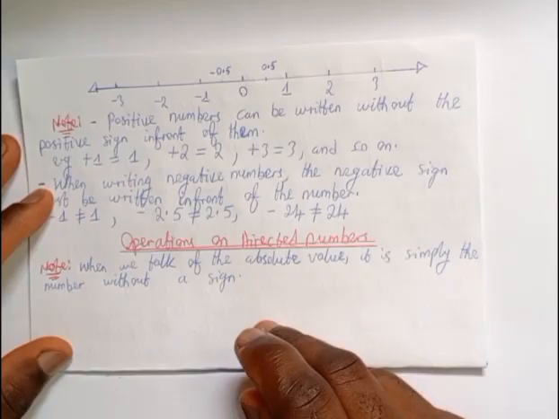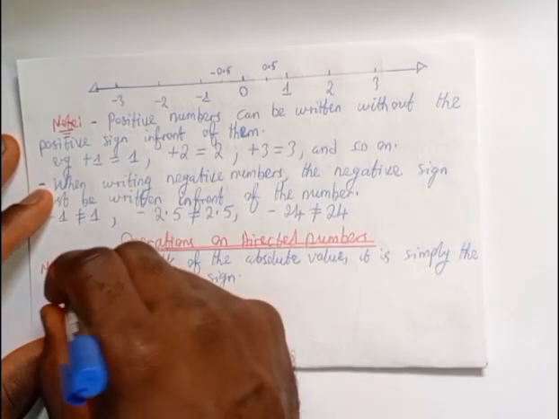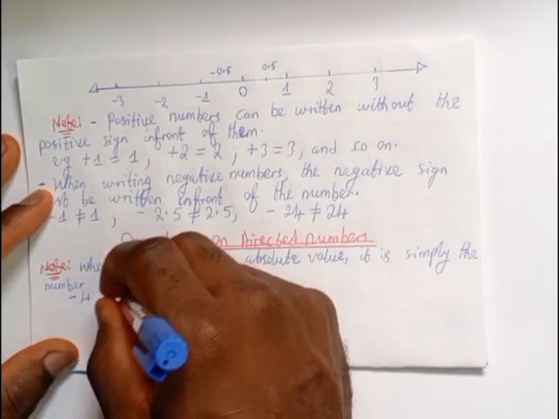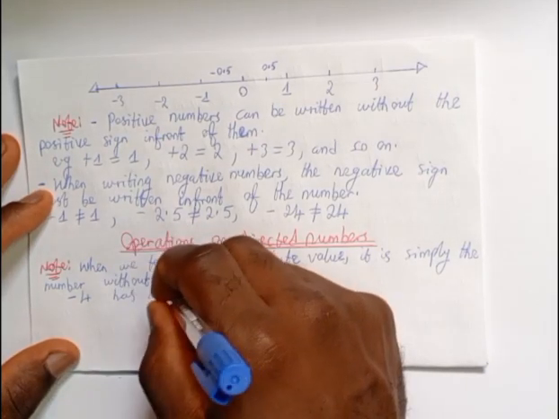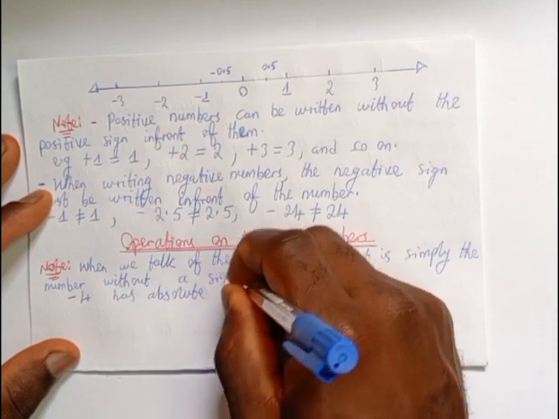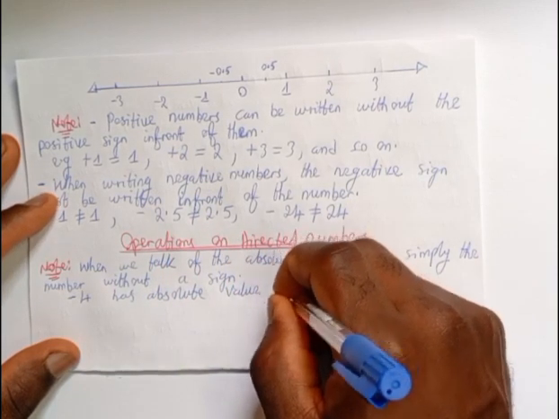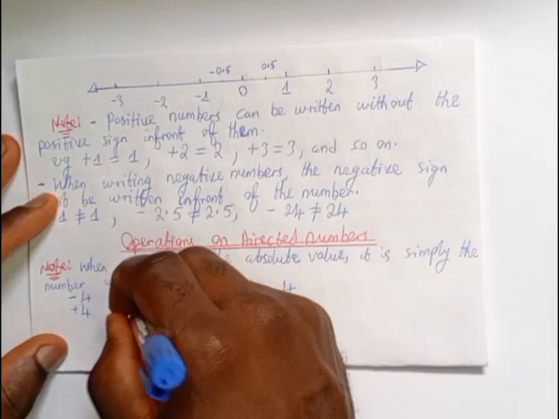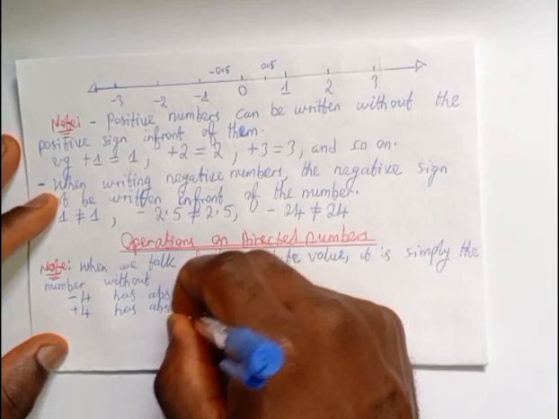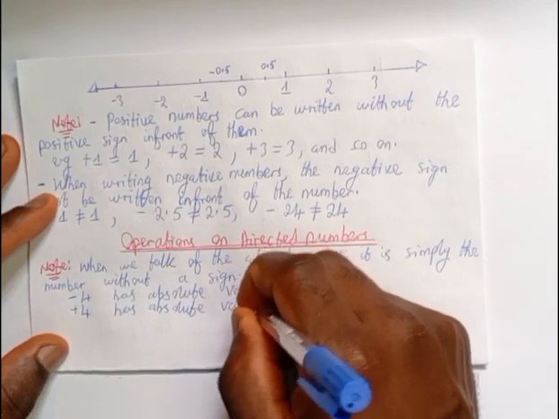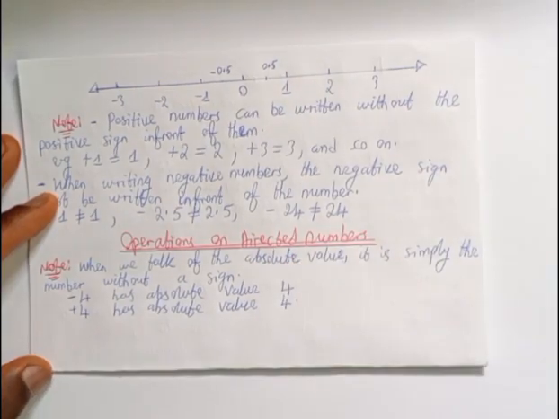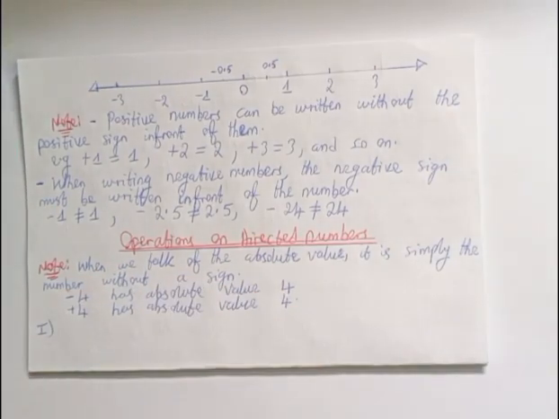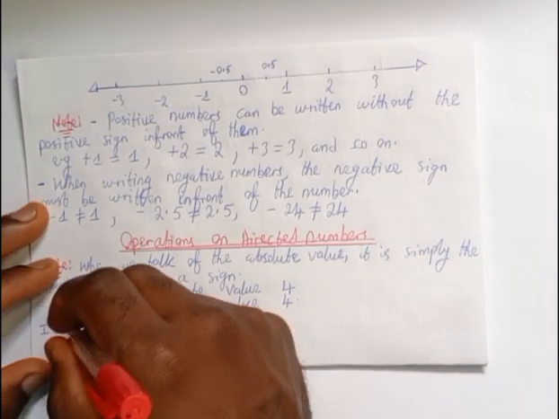Take note of this. For example, if we take the number -4, -4 has absolute value 4 without a sign. If you take the number +4, it has absolute value 4 without any sign. We take the first one, I, which is addition and subtraction.